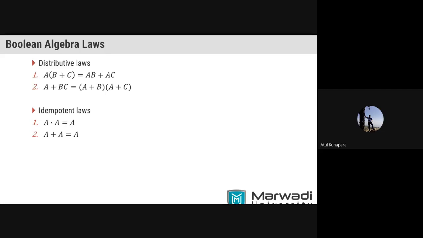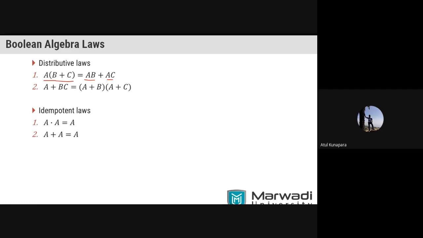If you have been given the expression A in bracket B plus C, you can say first you have to perform the OR operation of B and C, and then perform the AND operation with A. Instead of that, what you can do is the AND operation of A and B, and the AND operation of A and C. It is just like opening the bracket in any expression, right? So that will also be okay. So this expression will give the same answer.